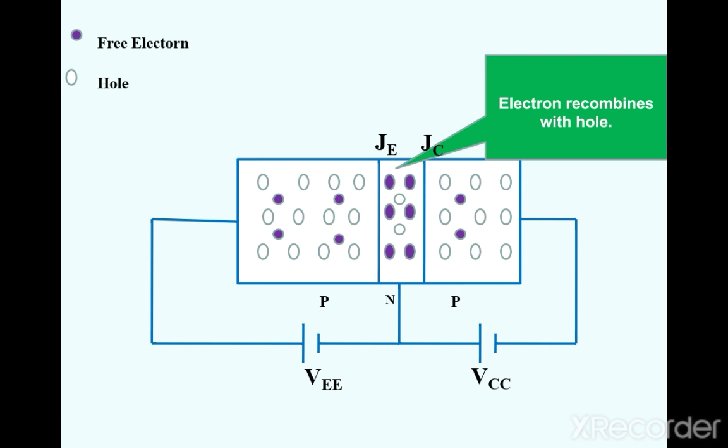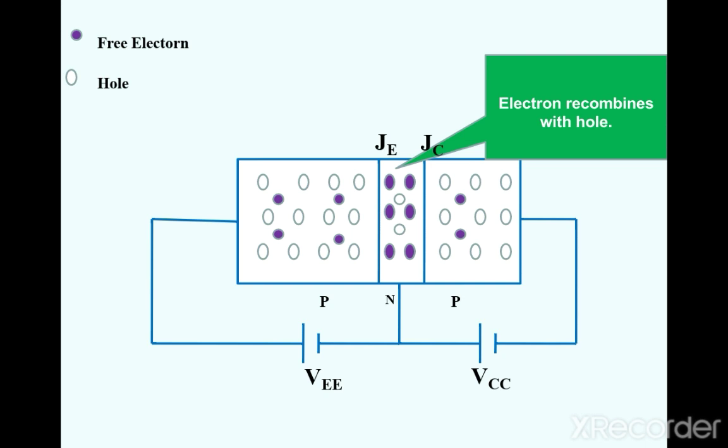Between these two junctions, the electron recombines with a hole, like this. In this way, the electron recombines with a hole from the emitter to the base side. This is because we connect the emitter and base terminals in forward bias. P is connected to the positive terminal of the battery and N is connected to the negative terminal.